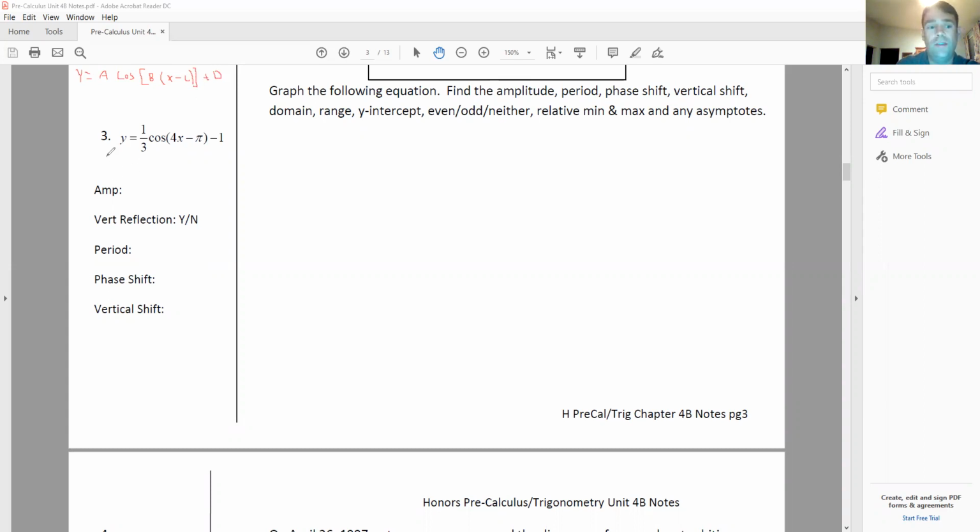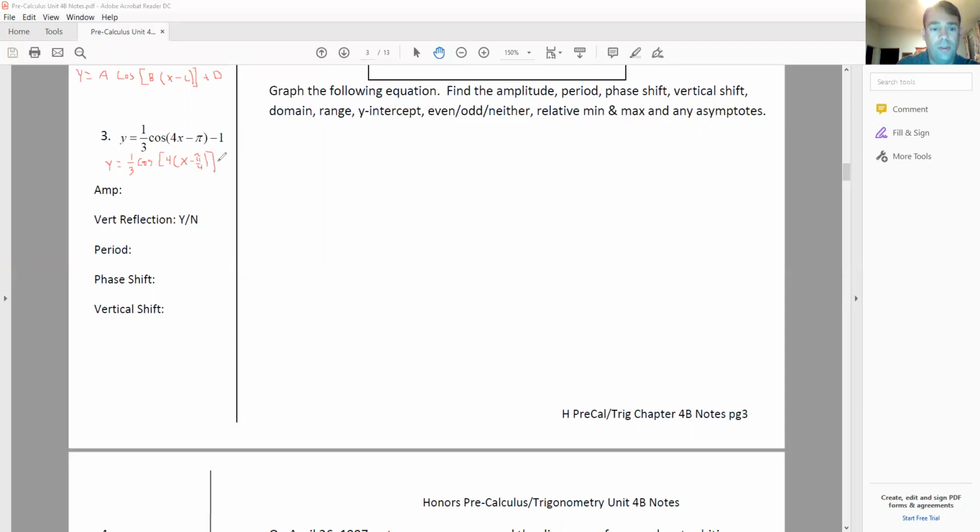All right, let's see how you guys did. So we got to factor out that 4 there. So 1/3 times cosine. Take that 4 out. That makes this x minus pi over 4. Literally, factoring out the b value is the one thing that people tend to forget on graphing.